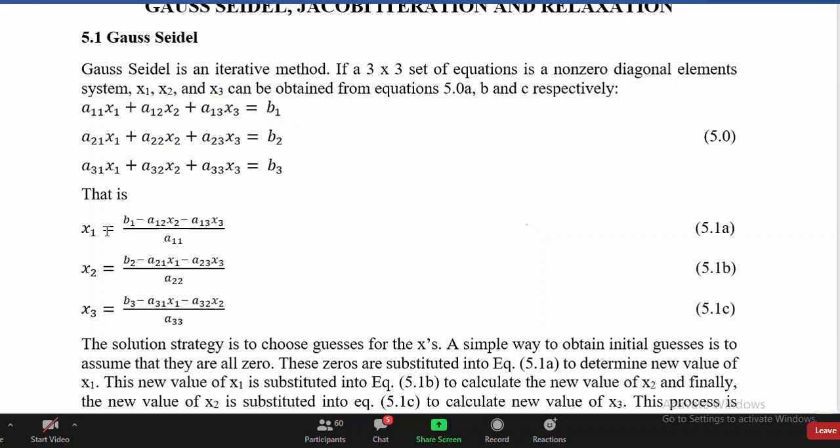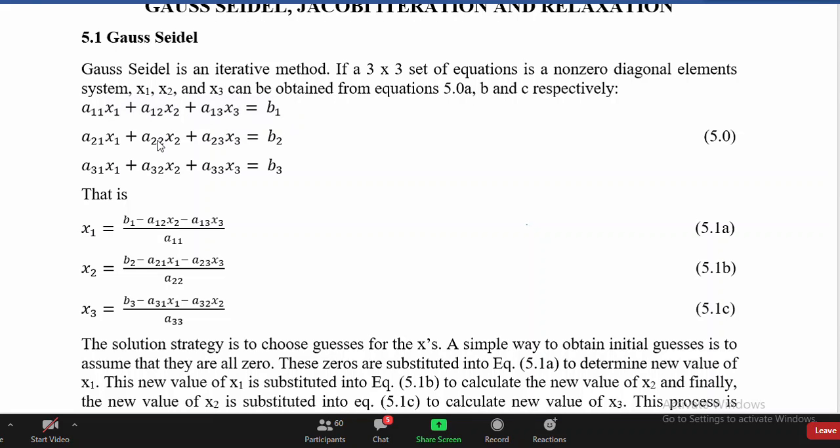Look at it, x1 is b1 minus a12, x2, because we are carrying a12, x2, a13, x3 to this side. That's why it's b1 minus this, divided by a11. That will give you x1.